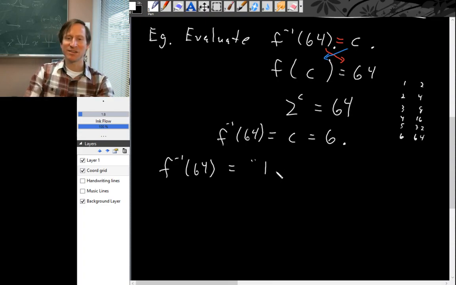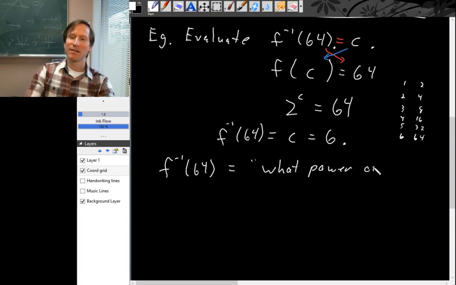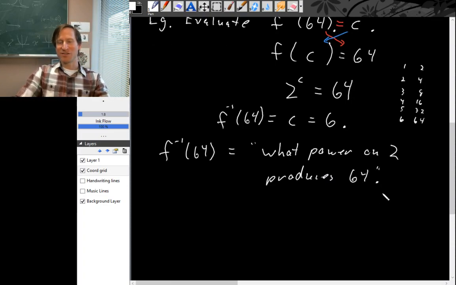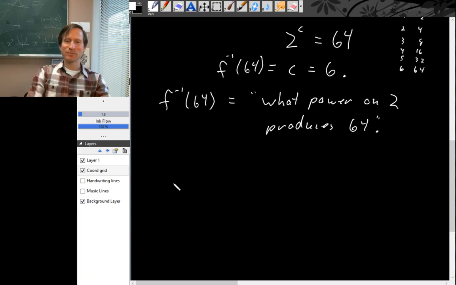Let me phrase it as a question. f inverse of 64 is the answer to the question, what power on 2 produces 64? And it turns out that that's 6.